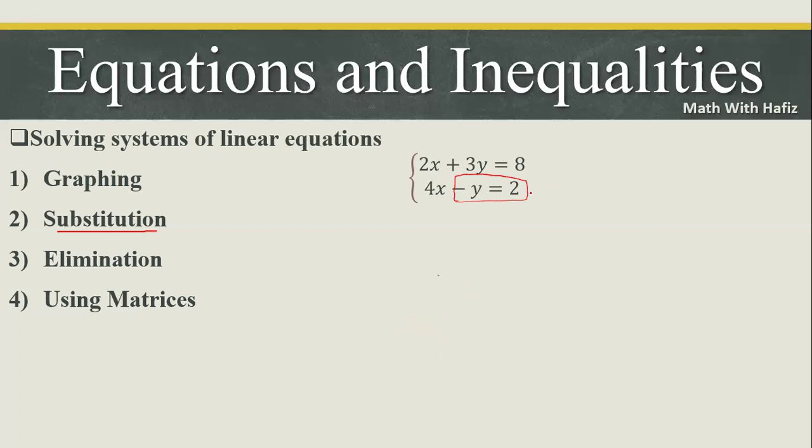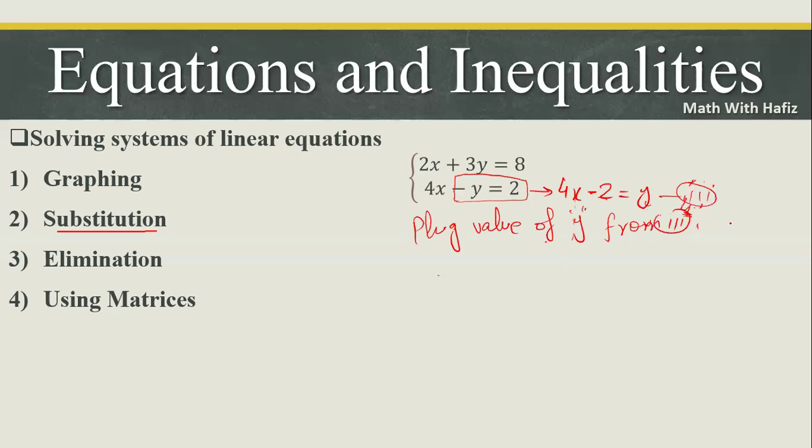So this equation will be 4x minus 2 is equal to y. What I will do is plug this value of y from equation number 3, let's say this is equation number 3, into equation number 1.